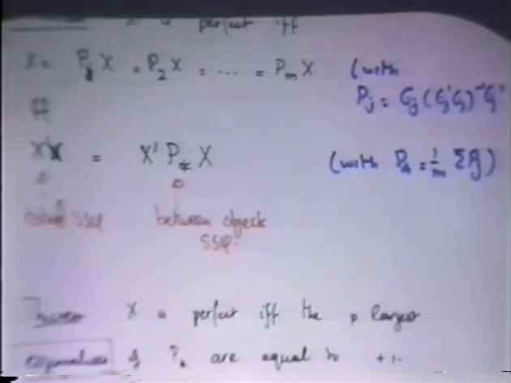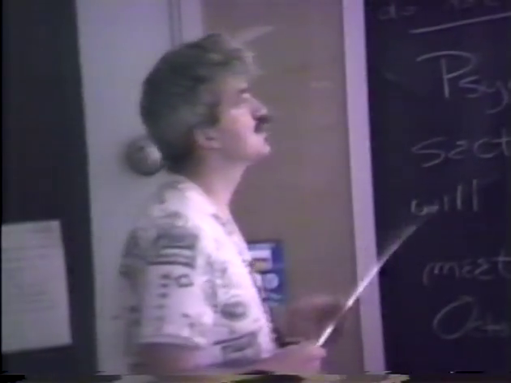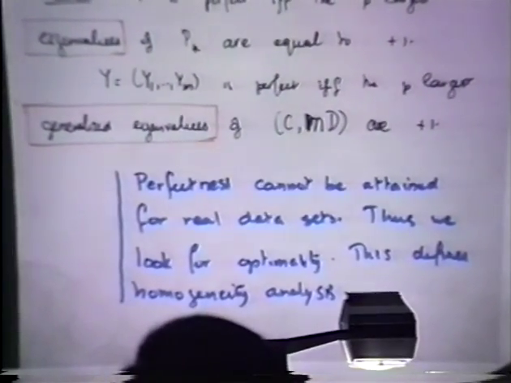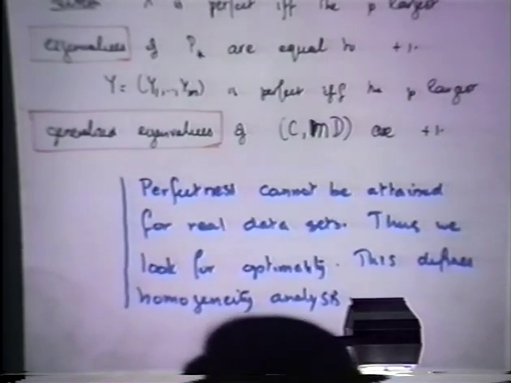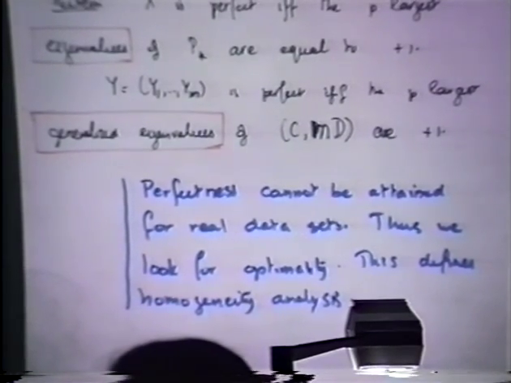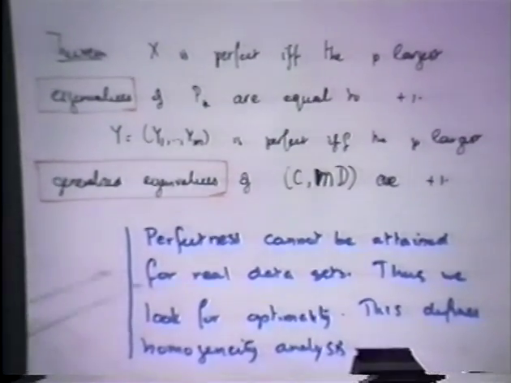This average projector, of course, is familiar from discriminant analysis, for instance. It gives you the between group sum of squares for each variable. And this C is the matrix of bivariate marginals, which in the French literature is called the Burt table. It contains the cross tables of the various pairs of variables, and consequently is also a familiar object.